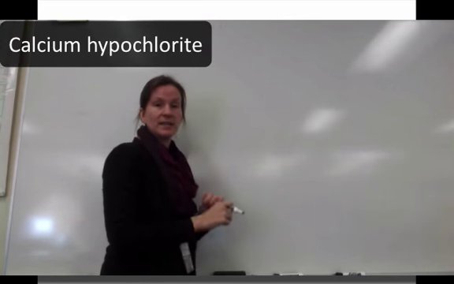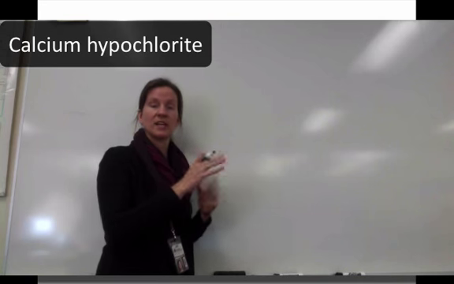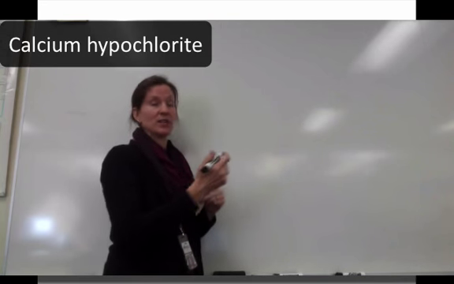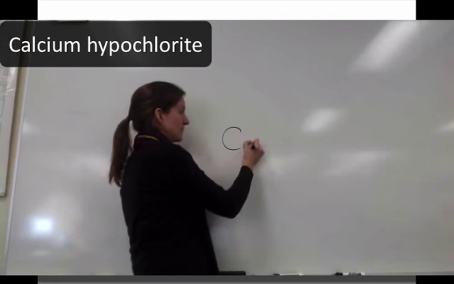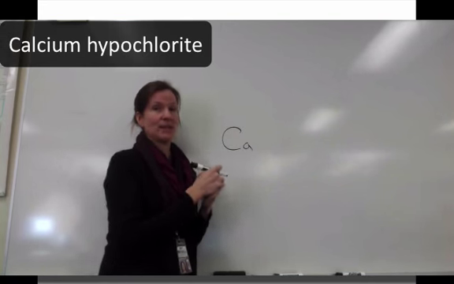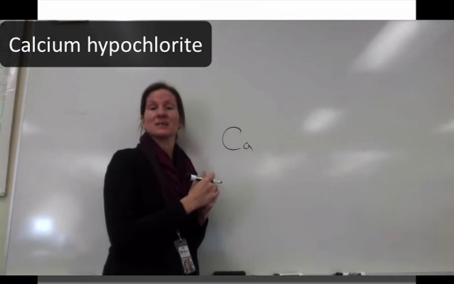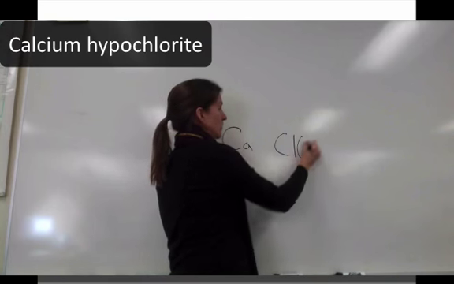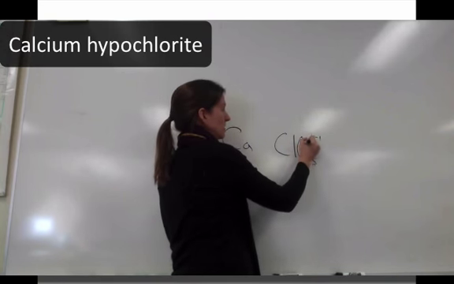Next one, calcium hypochlorite. I look at calcium. Is it a metal? Yes, it is a metal, and it is not a transition metal, so it's just Ca. Then I look at hypochlorite. Ite tells me it's a polyatomic. Ite tells me it is not ate. So chlorate was ClO3 minus 1.